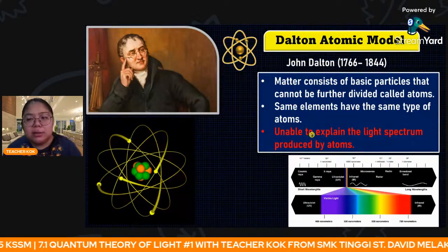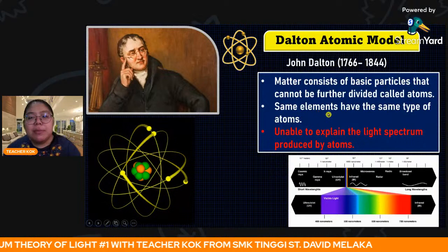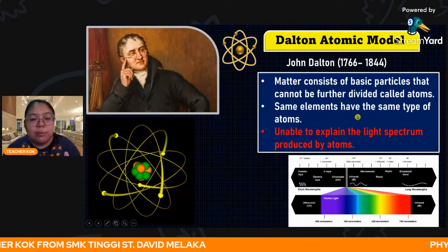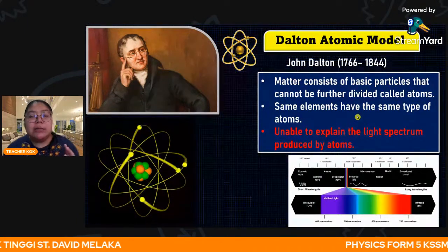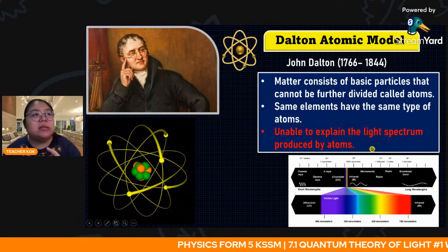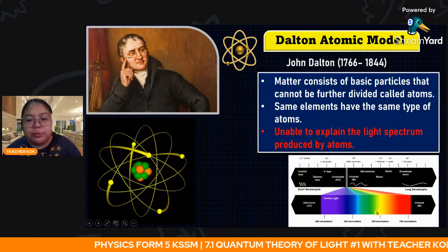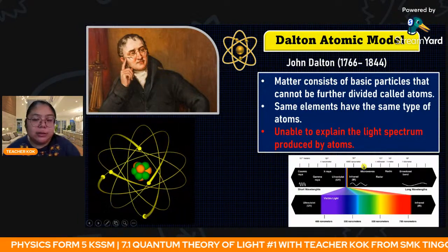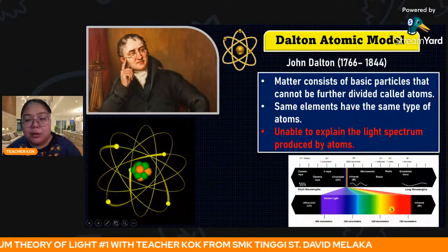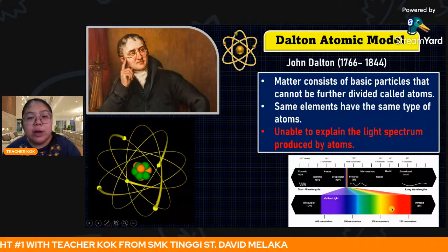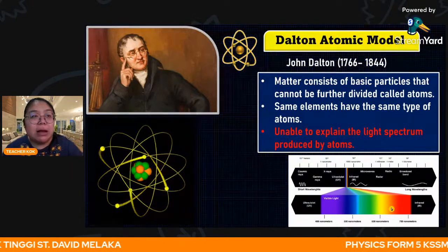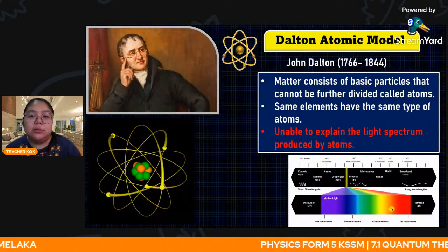The smallest particle is called the atom. The same element has the same type of atom. But they are unable to explain the light spectrum, the light spectrum produced by the atom. They cannot explain whether the light spectrum can actually be produced inside an atom or not. They can only say matter is made of atoms. So this is the Dalton atomic model.